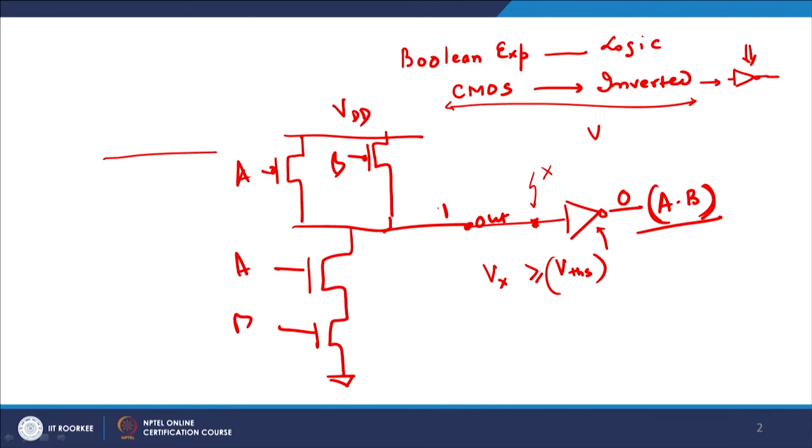A 1 primarily means that the voltage here should be larger than the switching threshold of the inverter. In some cases, though not in this case, this 1 might be read as a 0 by this inverter, because the voltage available at point X might not exceed the switching threshold of the CMOS inverter.